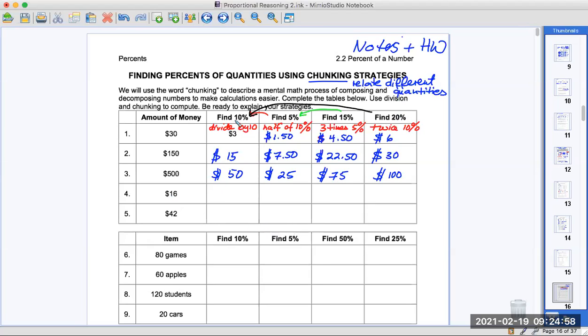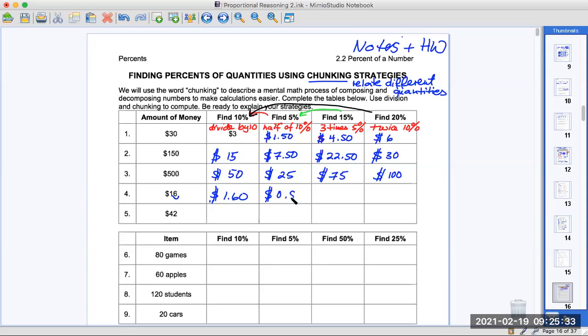Okay, $16. 10%, you can divide by 10 or you can move your decimal point back 1 space. $1.60. Don't write $1.06. Okay, that's not good. Money is always, when you have cents, you always have 2 decimals. So start good habits. 5% is half of that.